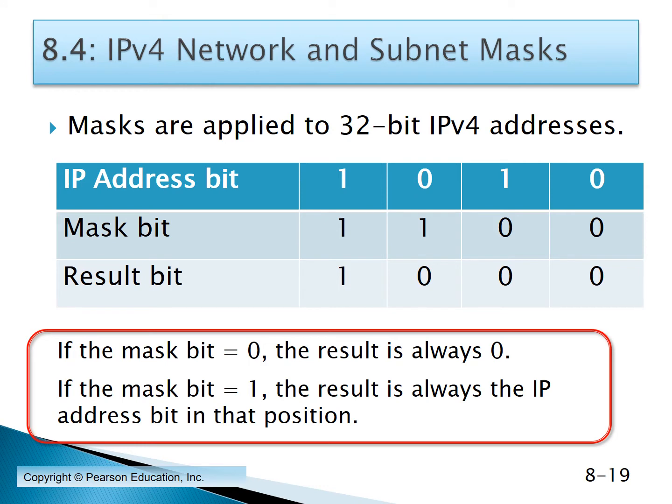But for the 0 part, the result will always be 0. In other words, you are just getting the initial part of your IP address. If this initial part is the network part, then when you apply this mask to your IP address, you are getting the network part of your IP address. So that's how the mask works here.